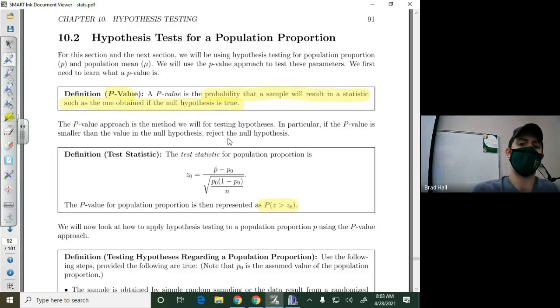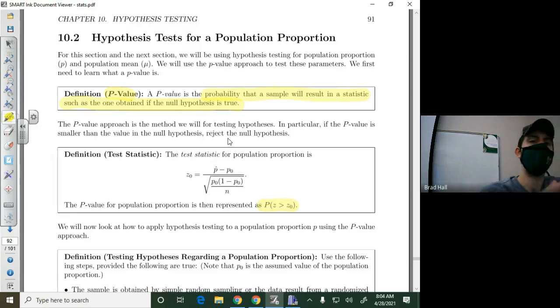And what it's asking for, ultimately, we're finding this probability value, and we're going to determine, is this probability greater than or less than a certain level of significance? We talked about the level of significance in the last section, and it comes up more so here, but we're getting a new probability to compare to another probability, and depending on which one is greater than the other, that tells us whether we should reject the null hypothesis or not.